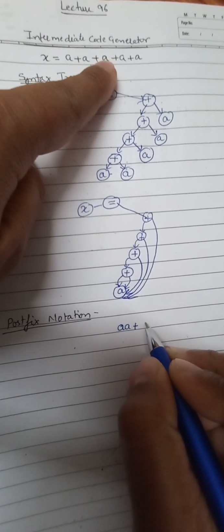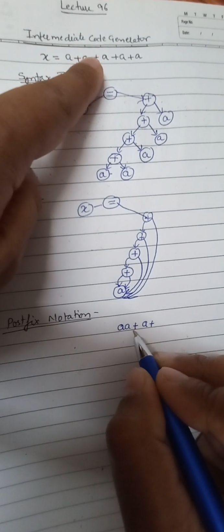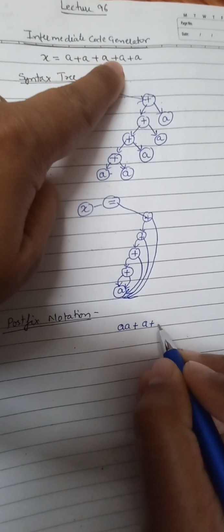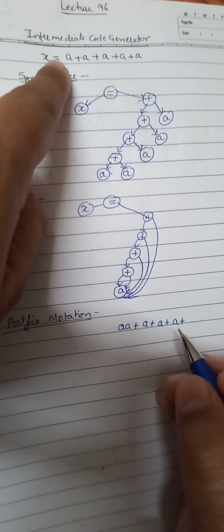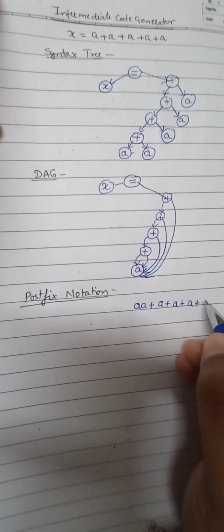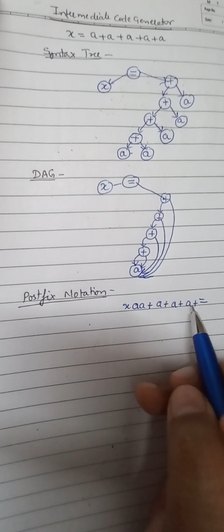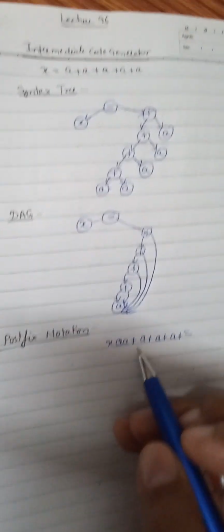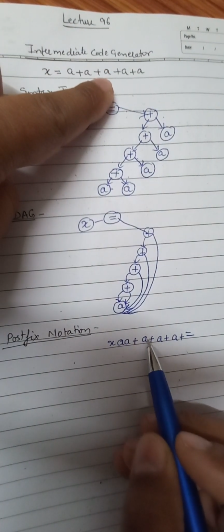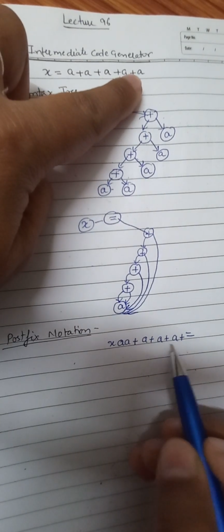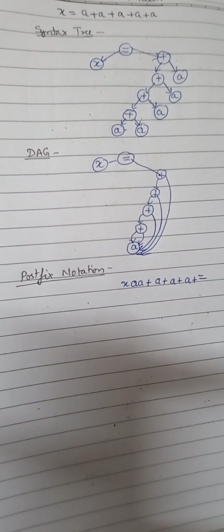So we will write a a plus a plus a plus a plus, then again plus a plus, then again plus a plus, and at the end what will come? Equal to sign. So we'll write here equal to sign, and here we'll write x, right? So this is the postfix notation: a a plus, a plus, a plus, a plus, equal to sign, and x will start right from the beginning.